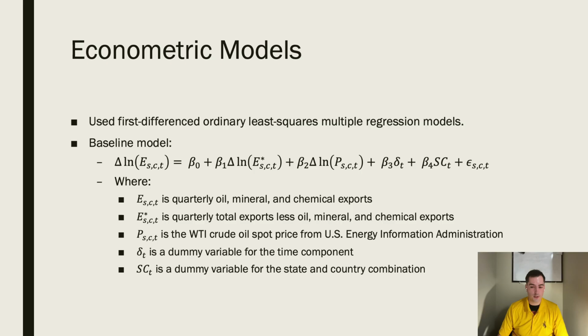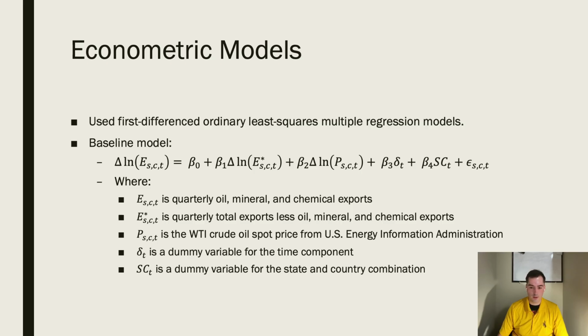I also included this delta T component as a dummy variable that's meant to control for some time effects. So most of these product categories, especially oil, obviously have large seasonality in the volume and the total value of exports. So that's meant to kind of control for some of those seasonal components.